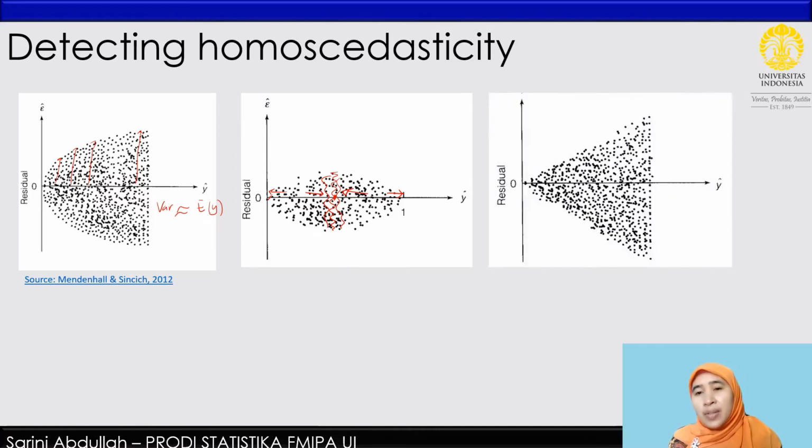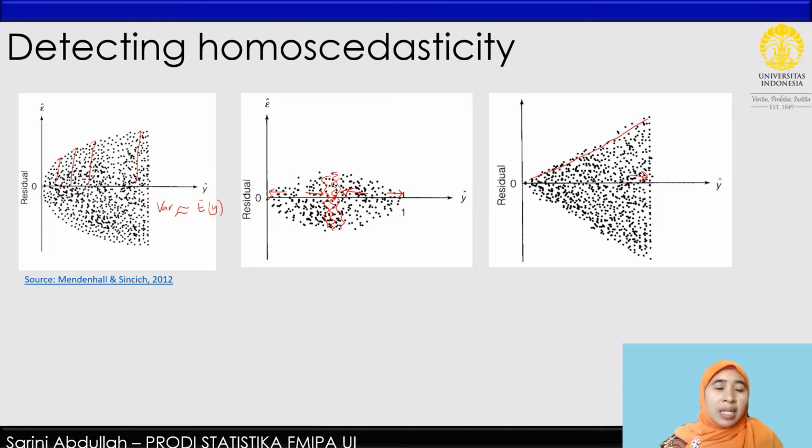And this is also the other pattern that usually exists when we have the linear model. So in here, it's quite similar to the one that we have on the first one. The value of the residual is getting higher and higher when the value of y is increasing.